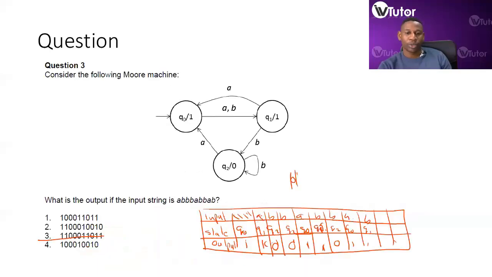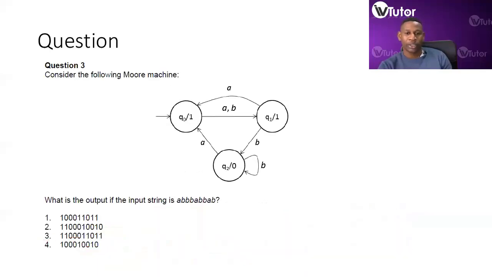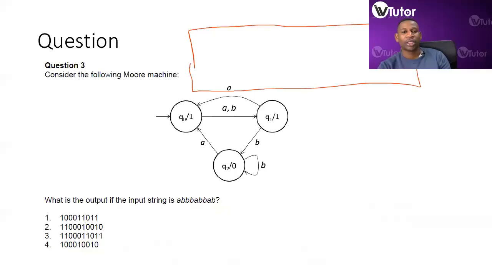Right, let's do one more. If we have got the following Moore machine and we need to give an output there, so let's do it over there. We've got 3 rows. So number 1, number 2, so let's make them straight.